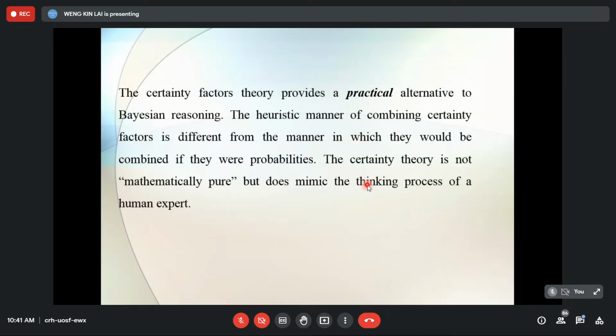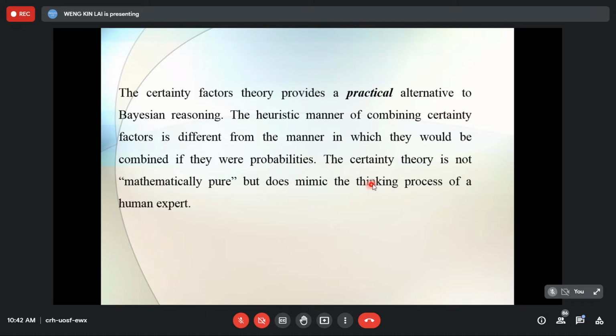So the certainty factors theory, I think now we're coming to the end, towards the conclusion, provides a practical alternative to your Bayesian reasoning. But you still have to depend on seeking the advice of your expert. The heuristic manner of combining the certainty factors is different from the manner in which they would be combined if they were just probabilities.